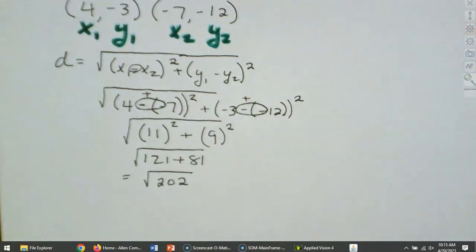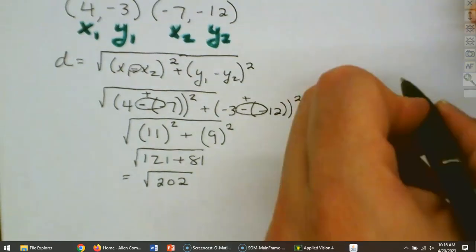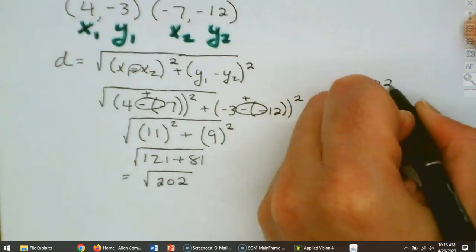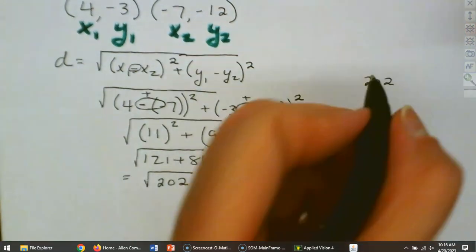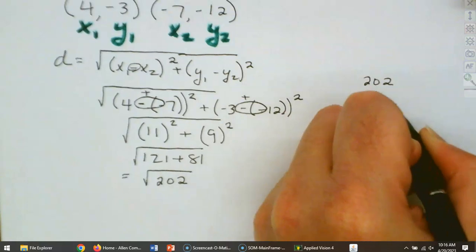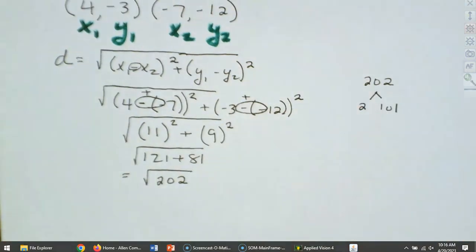Sometimes the roots break down. Sometimes they may not. What we want is pairs. So we start with our 202. It's an even number, so let's divide that by 2. We get 2 and 101. However, 101 is what's called a prime number because nothing goes into 101.